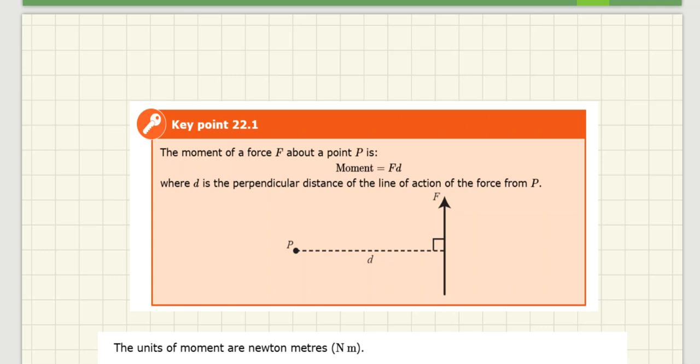If I do it at this end, it's really easy. So I need to get the same moment. I need less force because the distance away from the pivot point is further. Okay. So that's basically what we're doing now.